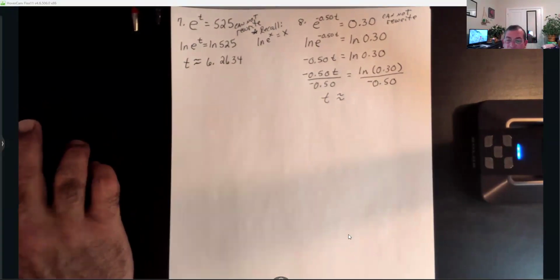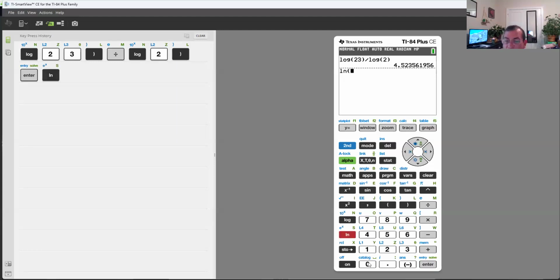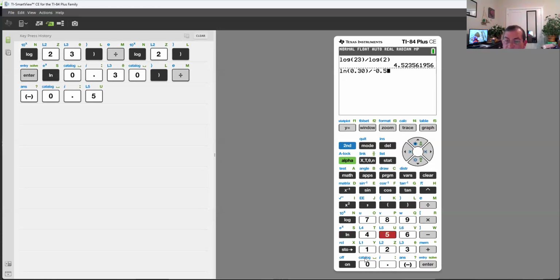But you definitely got to do your ln 0.30, close the parentheses, then divide by a negative 0.50. All right, I'm going to round it 4 spots. So that's 2.407, and the 9 has a 4 after it, so we're going to keep that a 9. So 2.4079.